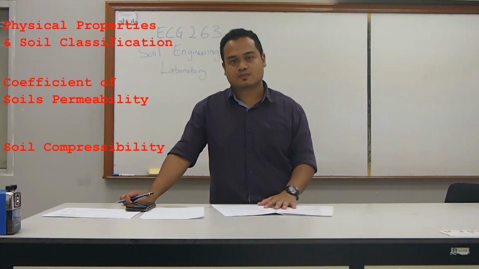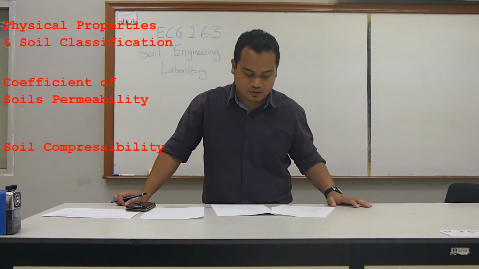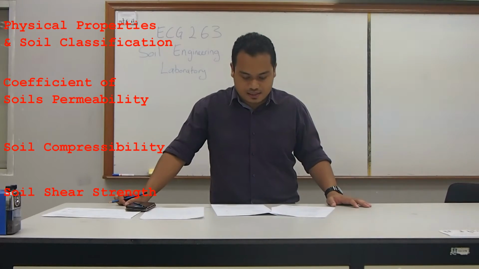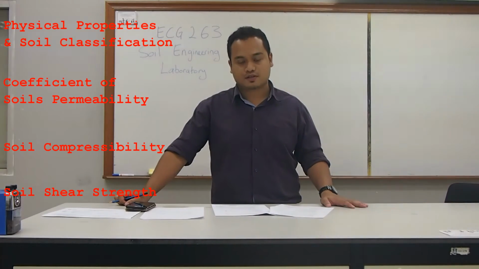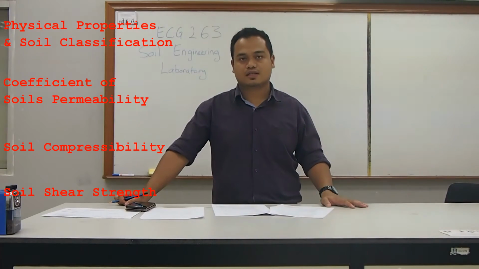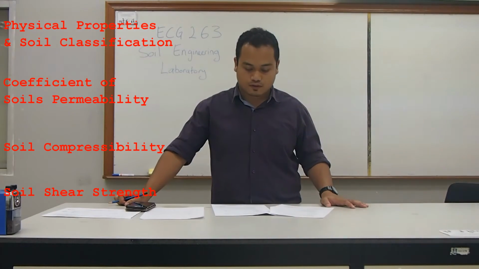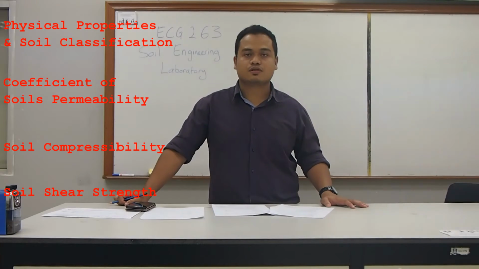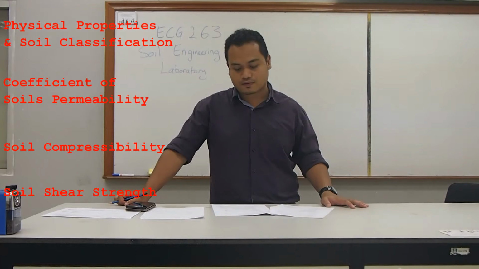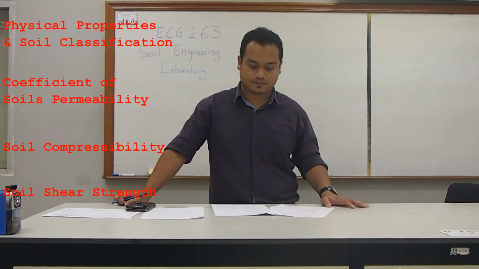And the last topic, we will look at how to determine the shear strength of soil. In this last subtopic, I will supervise you to conduct the direct shear test, also called the shear box test. From this test, we mostly conduct the test on soil of the loose or dense sand type.